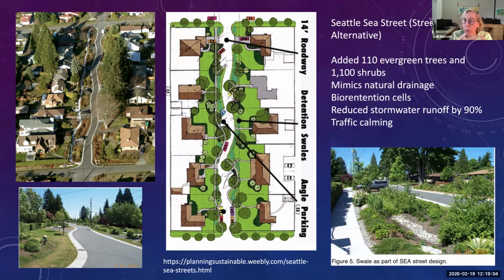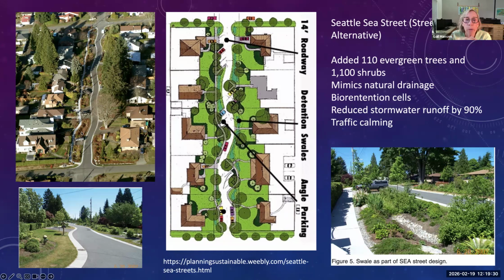But the other really important thing was that on this typical street that they redesigned, they were able to add 110 evergreen trees and a little over 1,000 shrubs in this space. And that's the space that you see between the new sidewalk there and the bioretention cells.